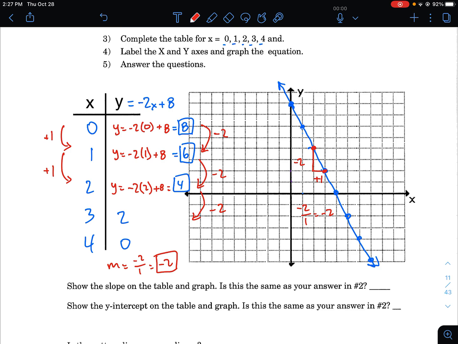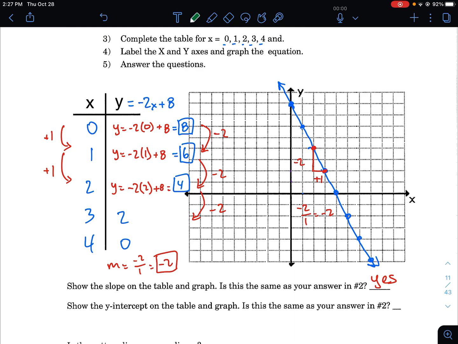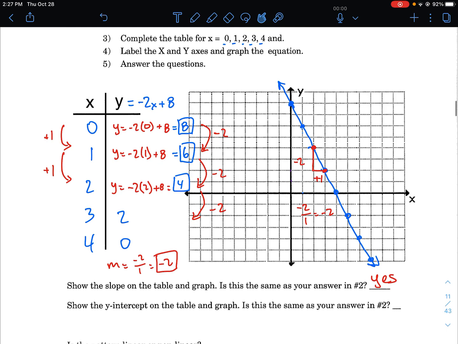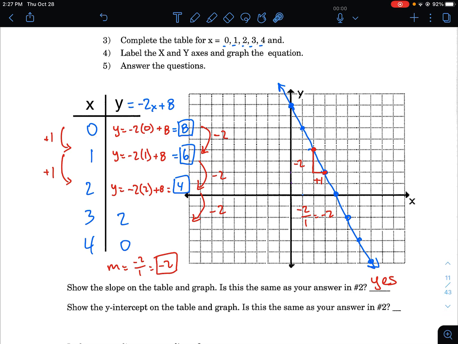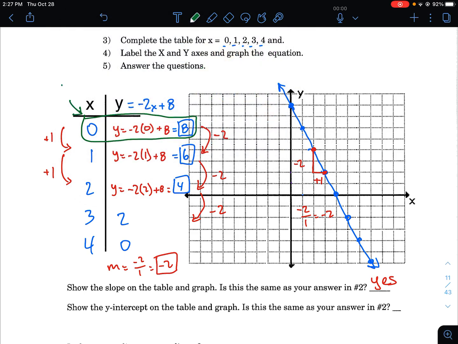Let's do the y-intercept now. So is it the same? Yes. Remember the y-intercept is when x is 0, what does y equal? X is 0, y is 8. So I'm going to box that. That is our y-intercept when x is 0.